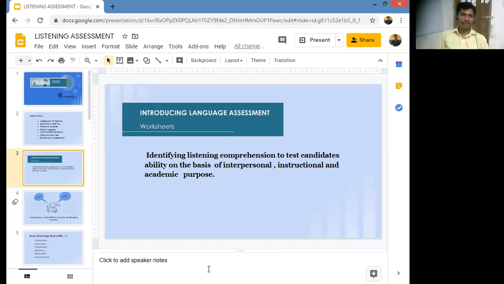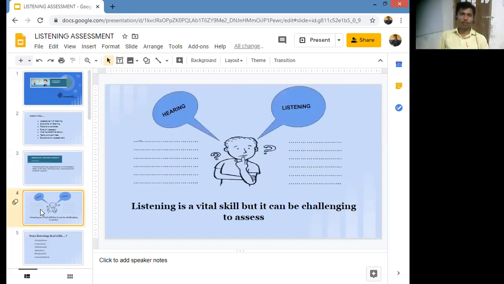For the assessment of listening, we must know the difference between hearing and listening. My friend, hearing means also the aikane and listening means also the aikane, but there's a little bit of difference in listening and hearing.